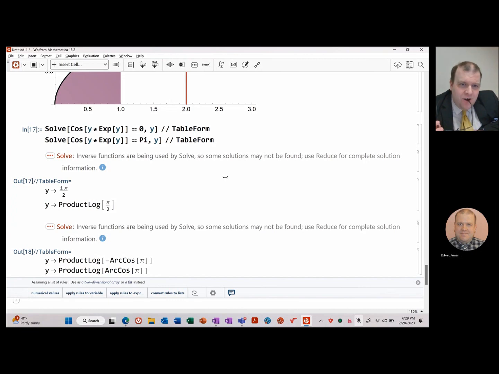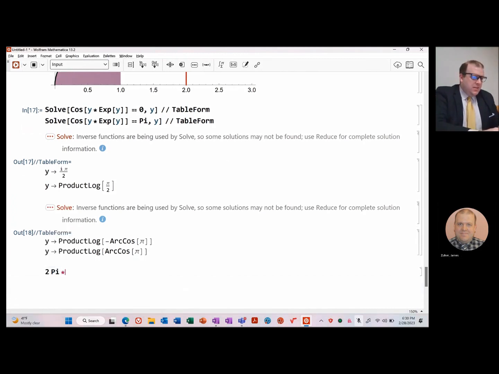Okay, there's no way that's right. That's got to be a typo. I wonder if they meant y equals 0 to y equals pi. And not x. Pi times integrate, y times e to the y times cosine goes from 0 to pi.